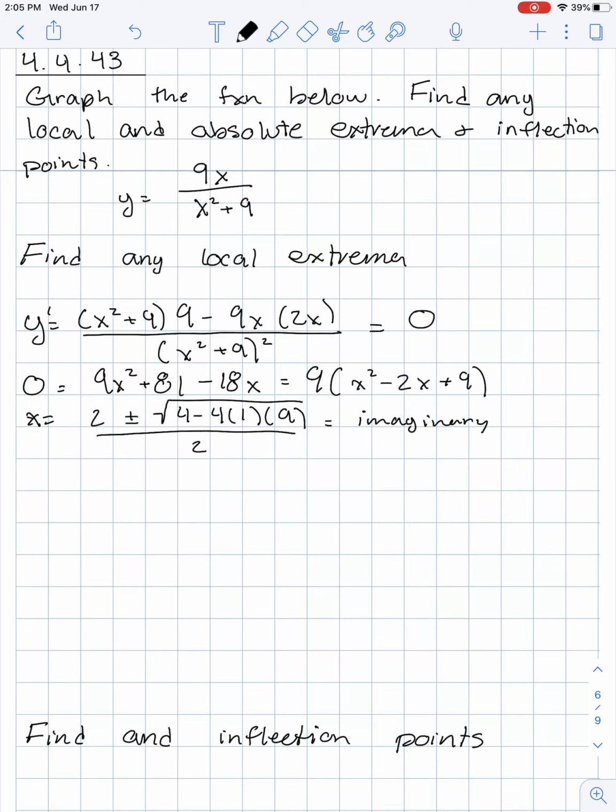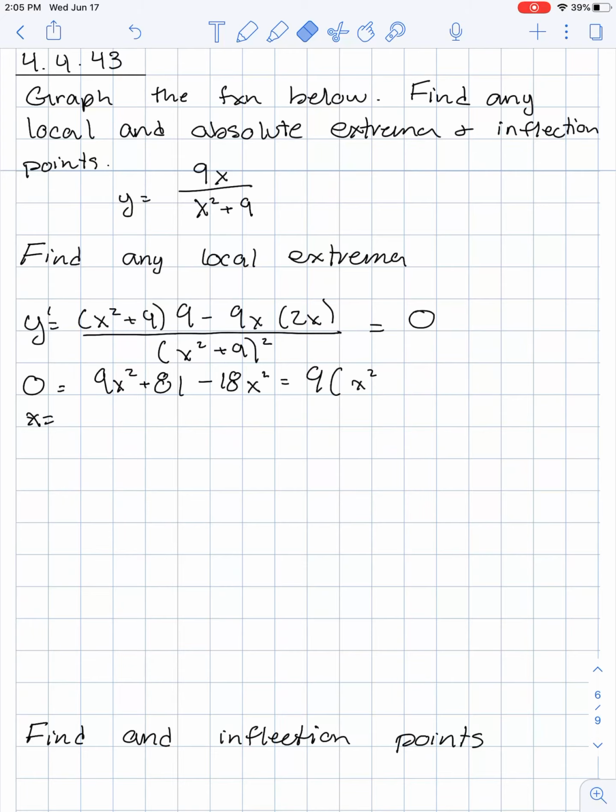Oh, I see it. That's a square. Okay, we're back on track. Wow. My apologies. I was like, why am I getting a quadratic?